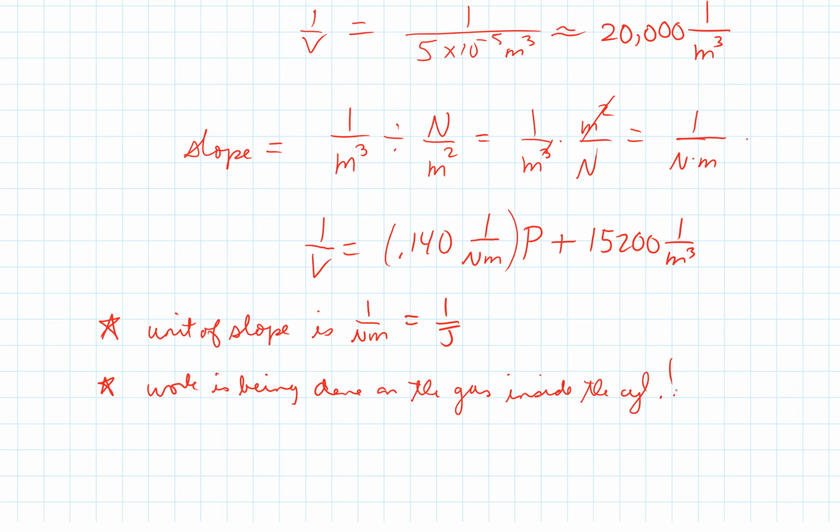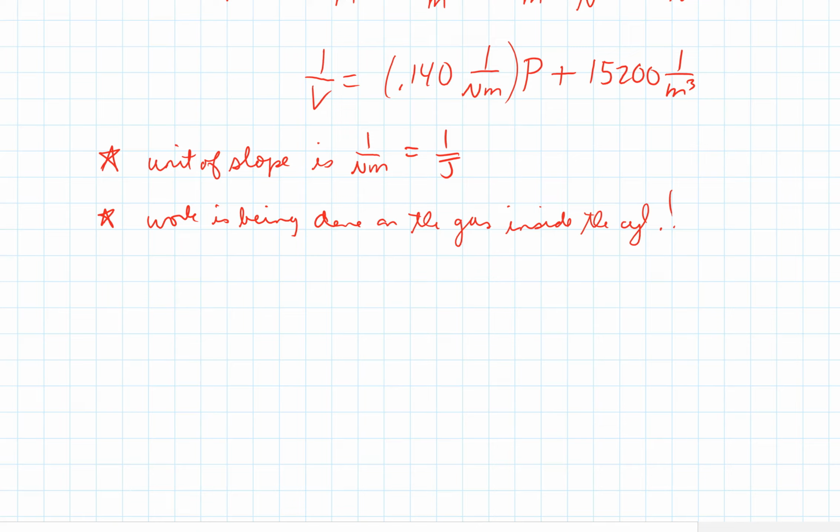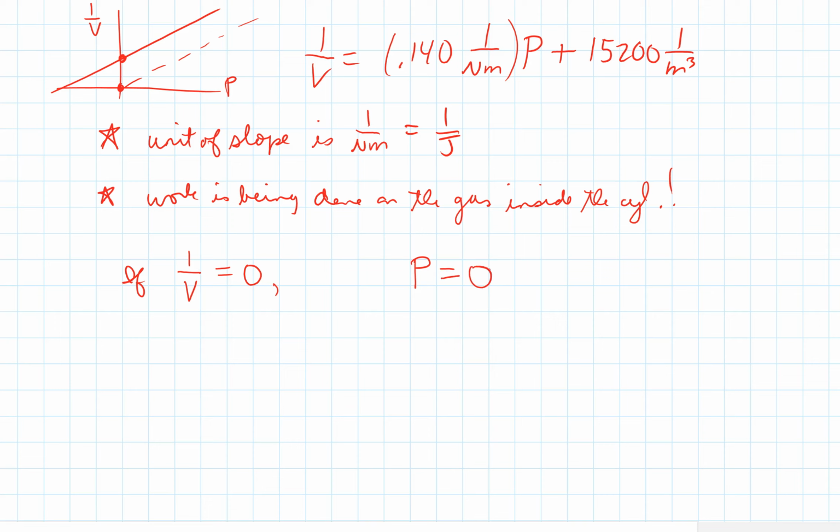Okay, so now we're going to start talking about how to answer some of the analysis questions in the lab. And the first one is, why doesn't it go through 0? Okay, so if you think about this, if this is 1 over V and this is P, then in a perfect world, it would be going through 0 like this. In other words, if 1 over volume was equal to 0, pressure would be equal to 0.